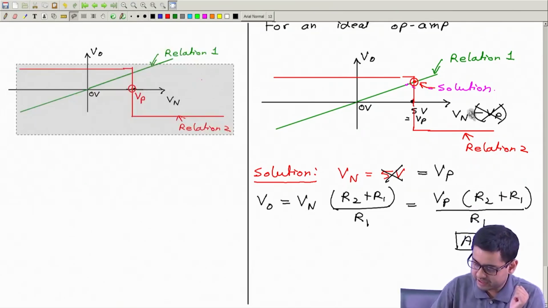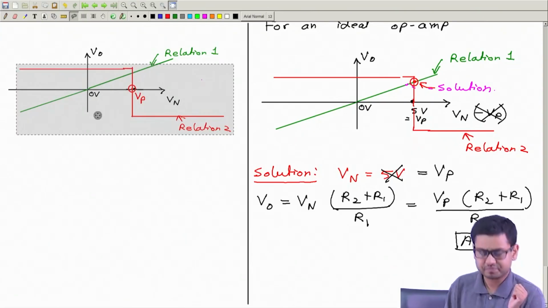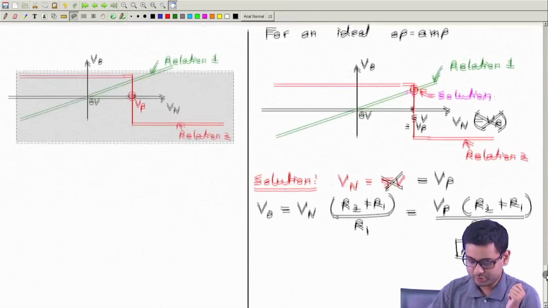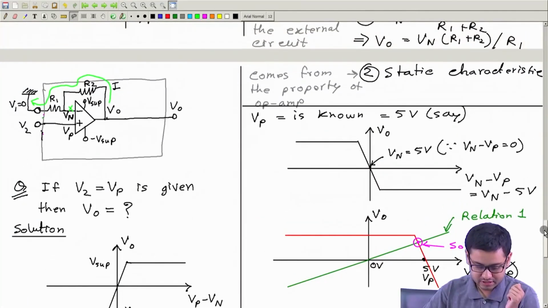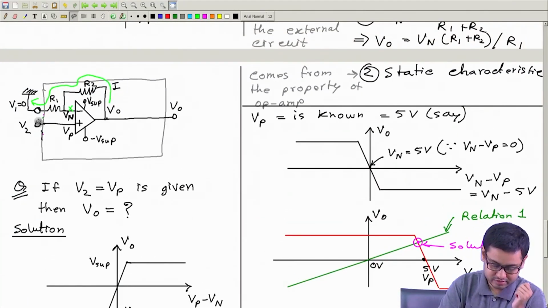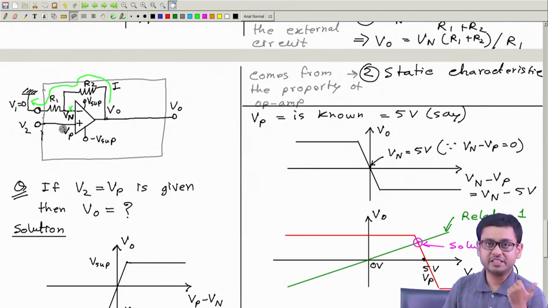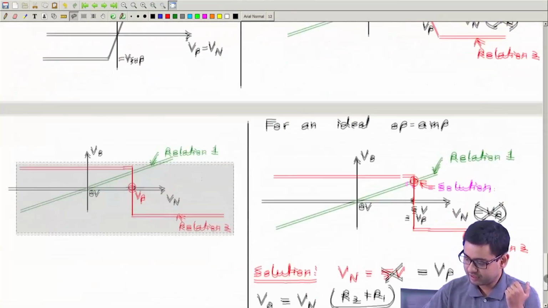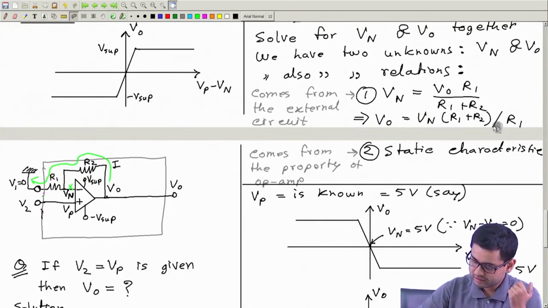I have just copied this diagram once again here, and now I want to show what happens if you change the input. What is the input? The input is this value, which is Vp. So if you change the input, what will change? This second relation will not change because this doesn't depend on Vp at all.